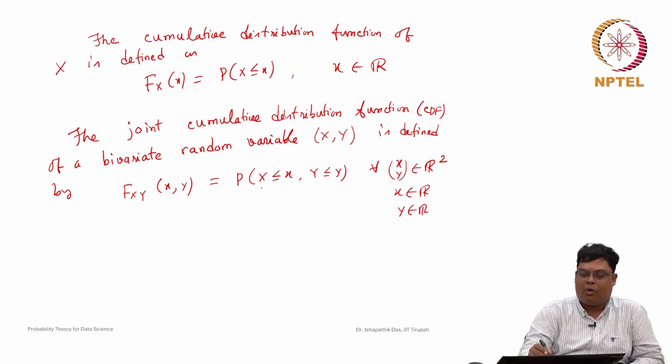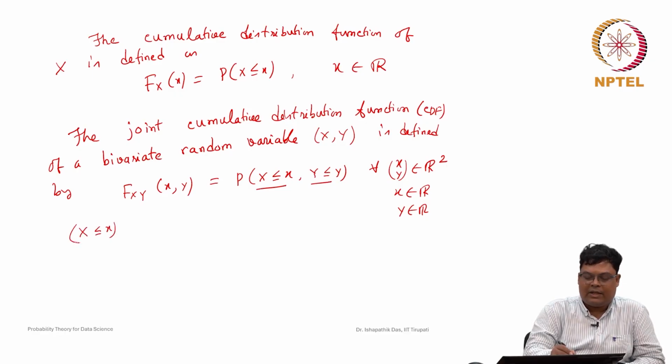Now what is this? X less than or equal to x, Y less than or equal to y. X less than or equal to x, we know, is an event. This is nothing but all s belonging to the sample space S, because X and Y are defined on the same sample space, such that X of s is less than or equal to small x.